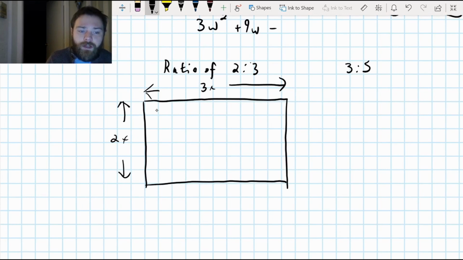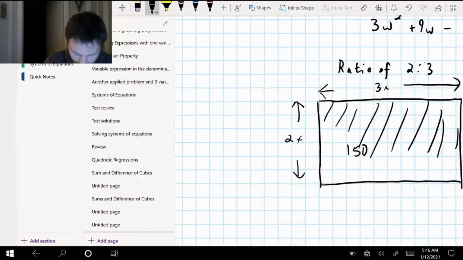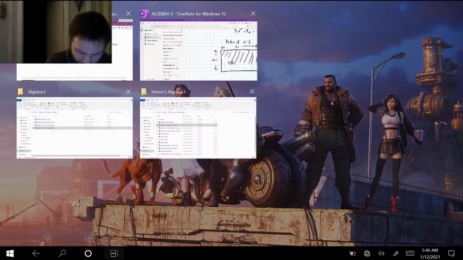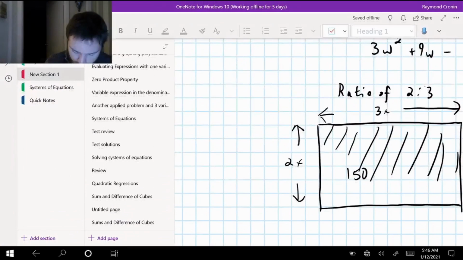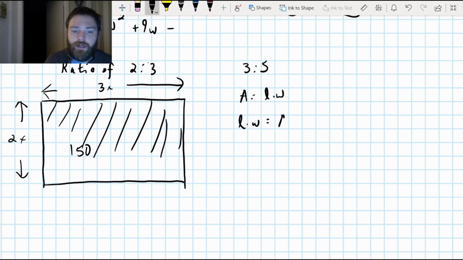So given all this, and given that the area is 150 units squared, I forgot if it was inches or whatever, so maybe go back, check. Yeah, it's inches squared. This tells me that area is equal to length times width. So length times width is equal to area.